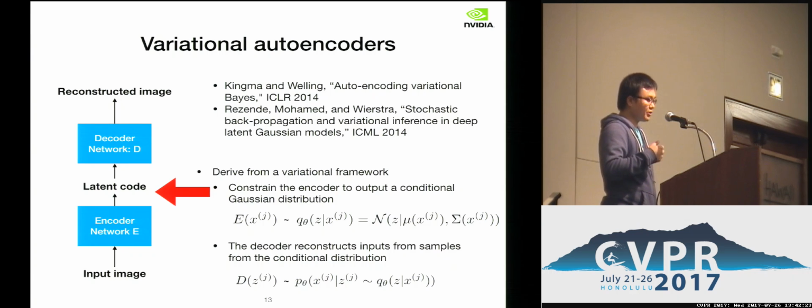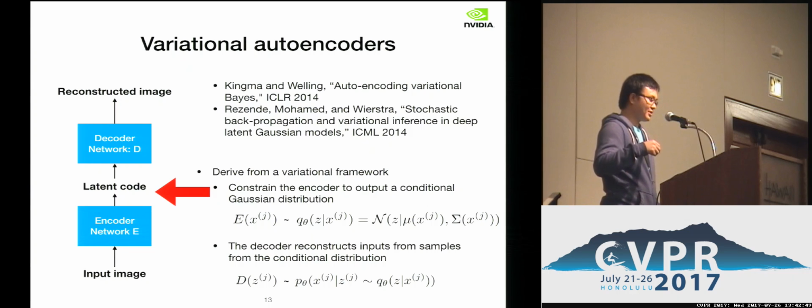So variational autoencoders more or less address this issue. VAE, variational autoencoders, was independently discovered by two groups: Kingma and Welling, published in ICLR 2014, and Rezende, Mohamed, and Wierstra in the same year at ICML.